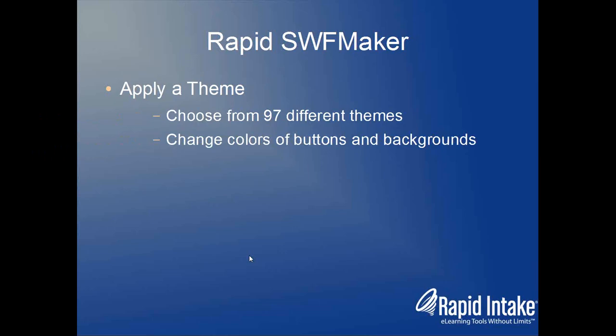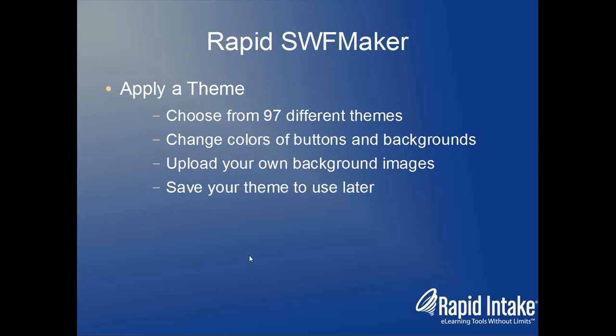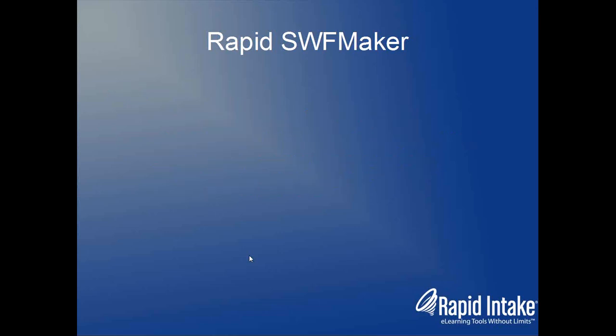Within those themes, you can also change and customize things like the color of the buttons and backgrounds, and you can even upload your own background images. If you have a custom background that you want reflected in the interaction, you can do that as well. When you do that, you can save the theme to use it later. So if you arrive on a theme that you want to reuse throughout your interactions, you have the option of saving that.